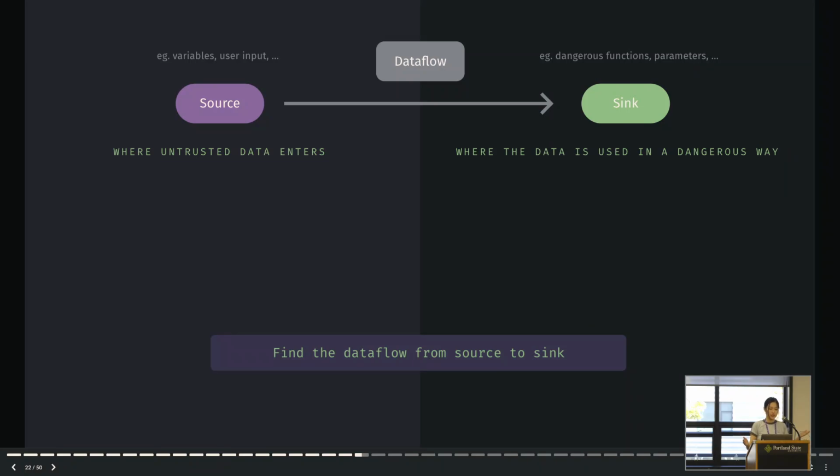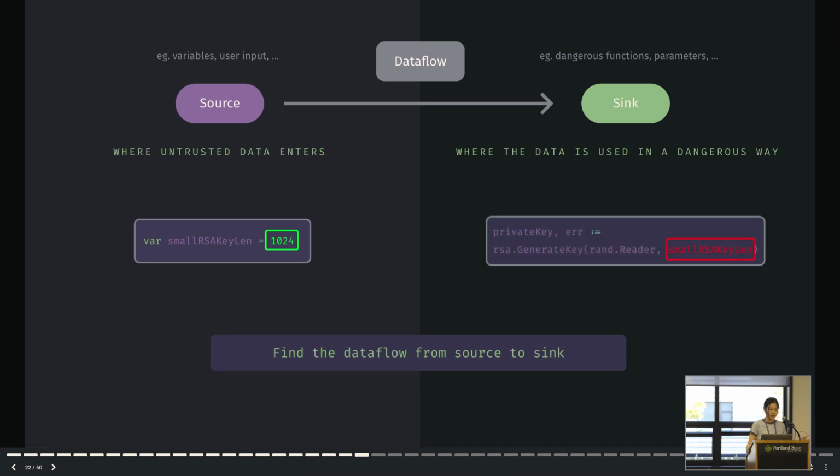A source is where untrusted data enters the system, such as variables, user input, etc. For instance, in our RSA example, the source is a small key length, 1024. The data flow ends in a sink, which is where this untrusted or weak data is used in a potentially harmful way. In this case, the small key length is used in the rsa.GenerateKey function as a parameter for generating a private key, which should be flagged because we don't want to use this small key length.